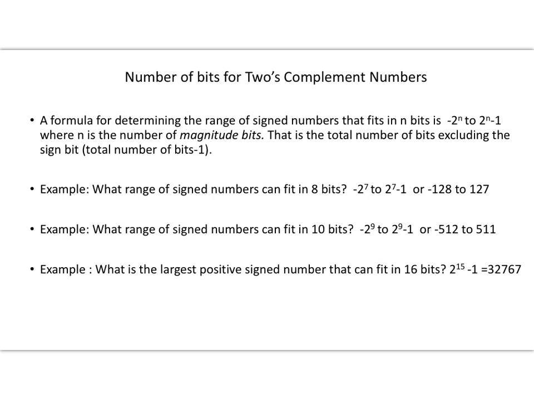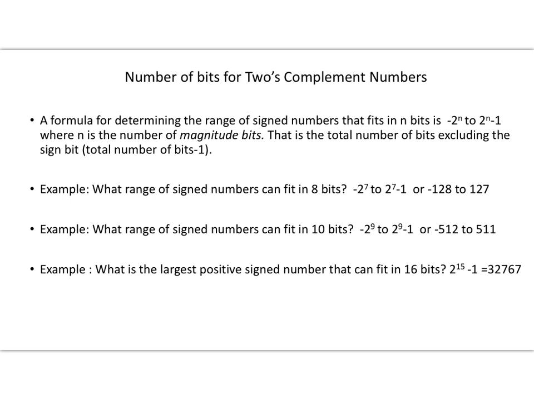Okay, let's try another one. Range of signed numbers to fit in 10 bits. That would be minus 2 to the 9th to 2 to the 9th minus 1. You evaluate 2 to the 9th, it's 512. So it's minus 512 to 511.